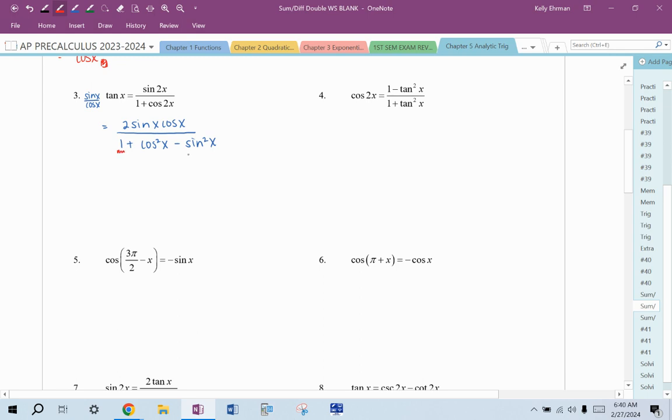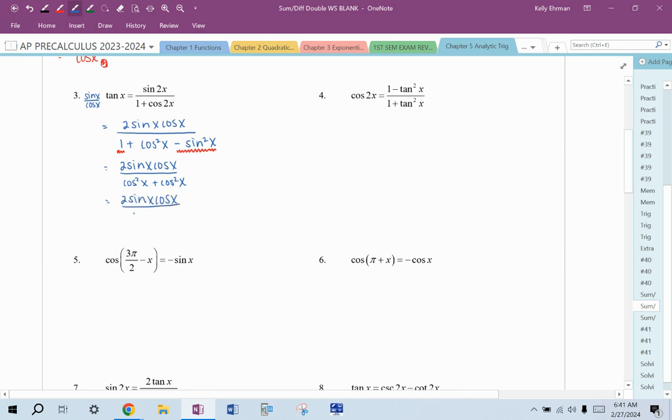I do have 1 minus sine squared, right? 1 minus sine squared is cosine squared. So I do have 2 sine x cosine x. There was already a cosine squared down here, and now we're going to say there's another plus cosine squared x. And we can simplify that in the denominator by combining like terms.